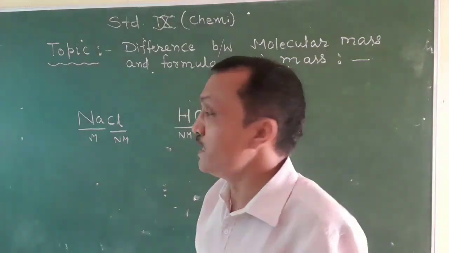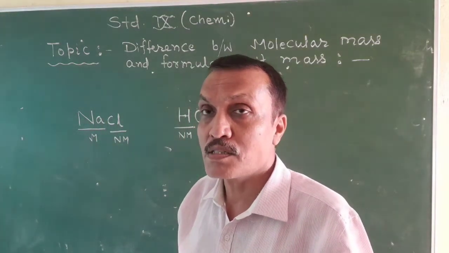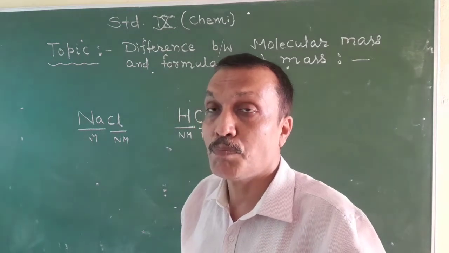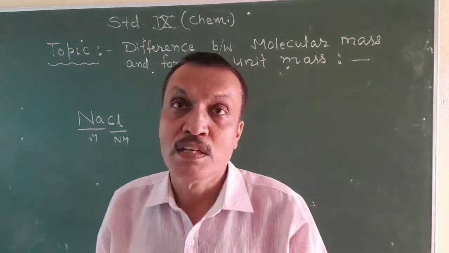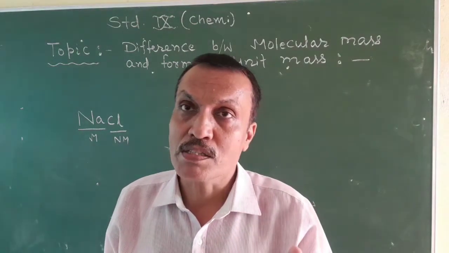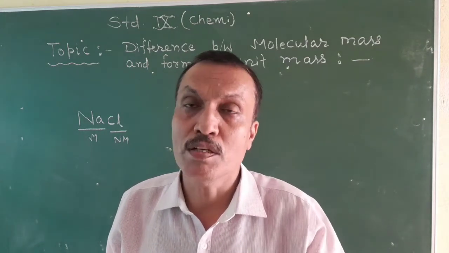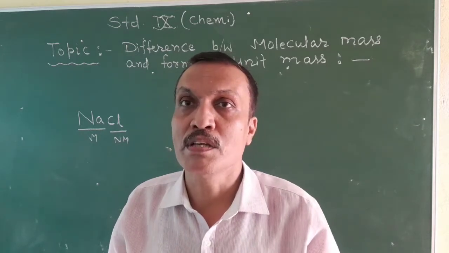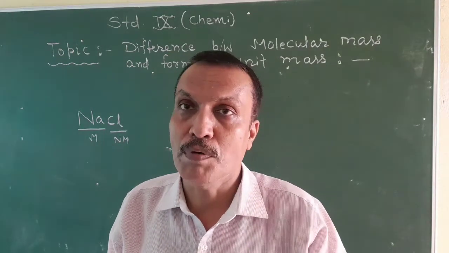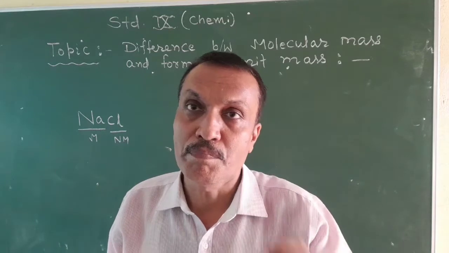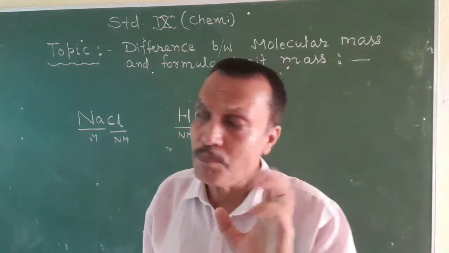So if you calculate the mass of this compound, then that mass is said to be formula unit mass. So keep in mind the term molecular mass is used for those compounds which are made of non-metallic atoms, and the term formula unit mass is used for those compounds which are made of both metallic and non-metallic atoms. Right?